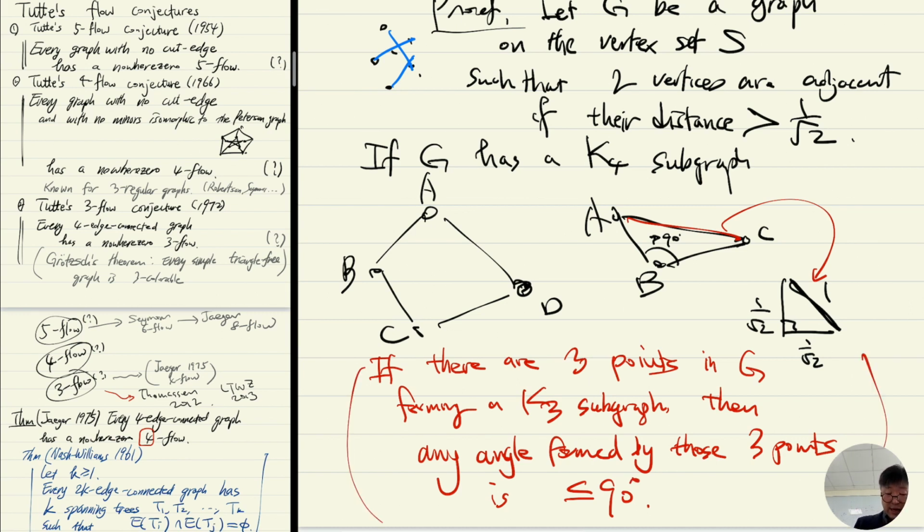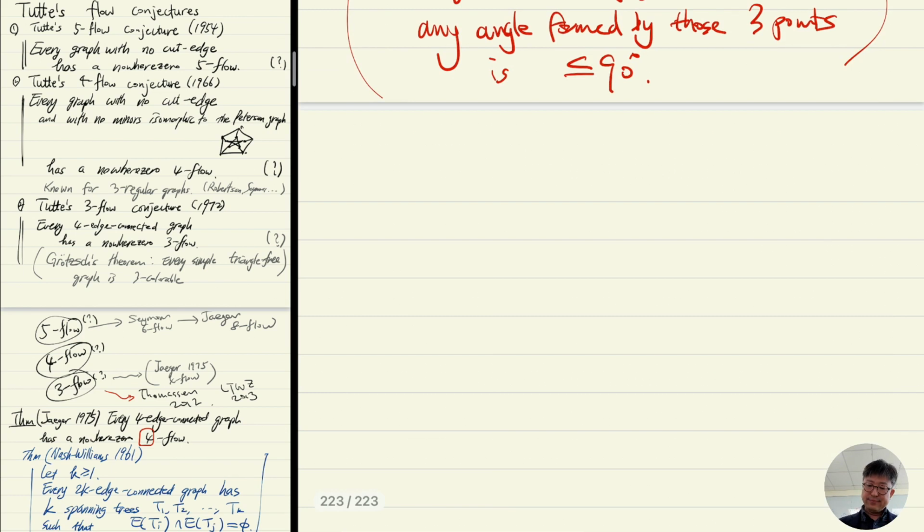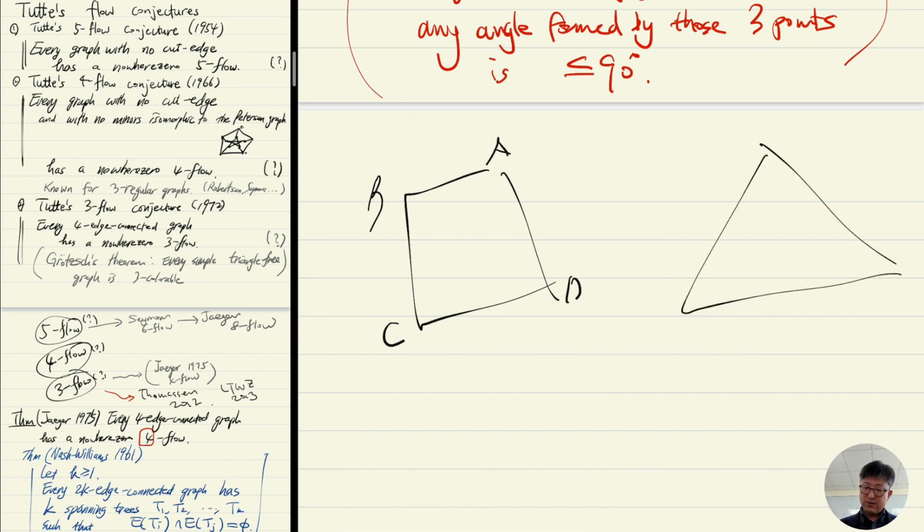Now, if you have 4 points inside G forming a K4 subgraph, then all the angles should be at most 90. So if I have 4 points A, B, C, D, it looks like this, or one of these two situations, right?